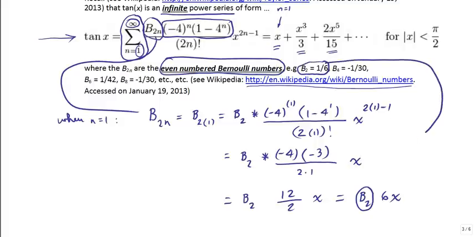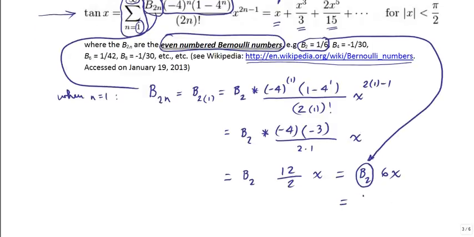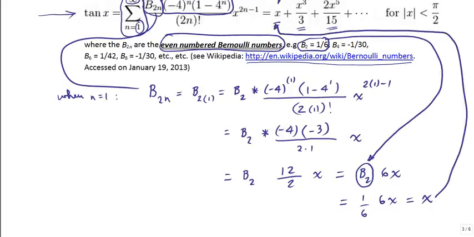And so putting 1/6 in for that, we get 1/6 times 6x, which reduces to just x, which happens to be the first term in that infinite sum.